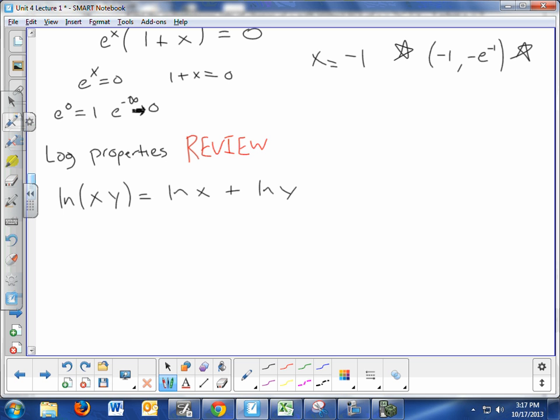Logs being inverses of exponents. Exponents have interesting rules for combining exponents. Logs have interesting rules as well. So we can divide two things, and that would be like subtracting the natural logs of both of those.